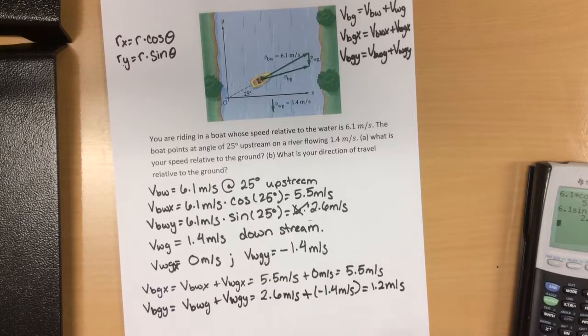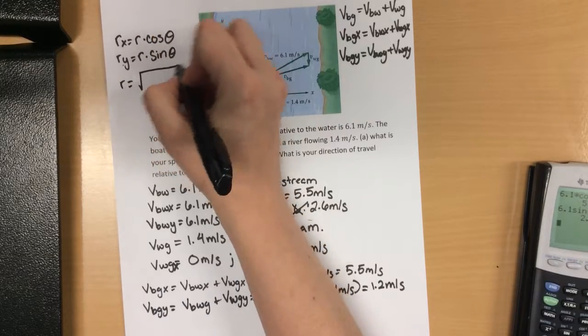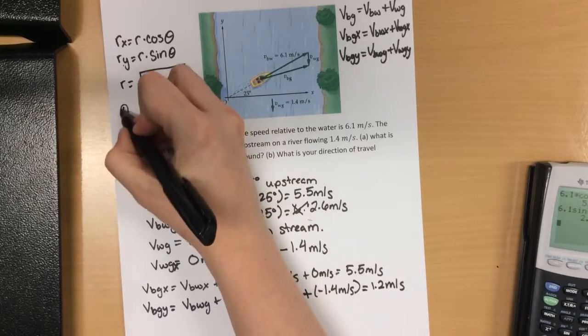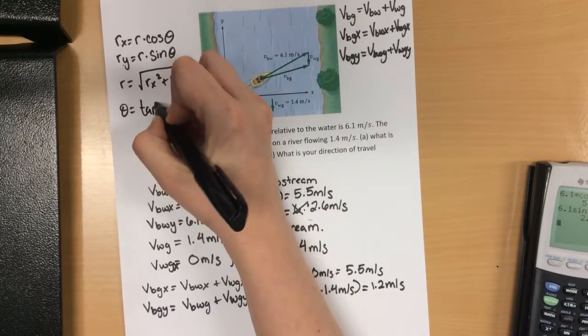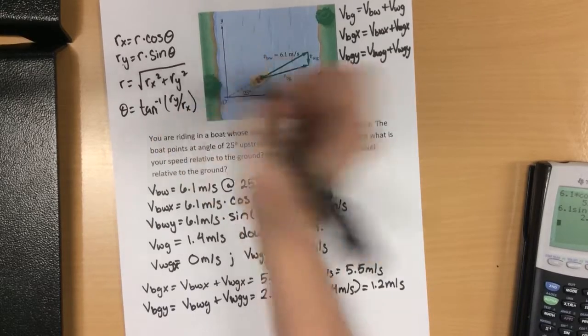We can go ahead and look at my magnitude and direction. Remember, magnitude is equal to r, the square root of rx squared plus ry squared, and my direction is equal to my inverse tangent of ry divided by rx.